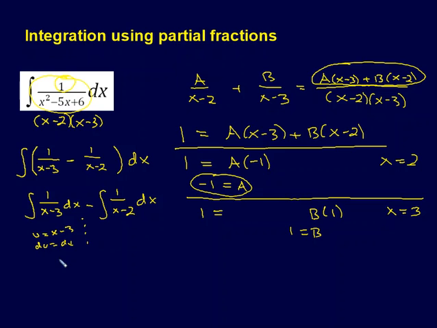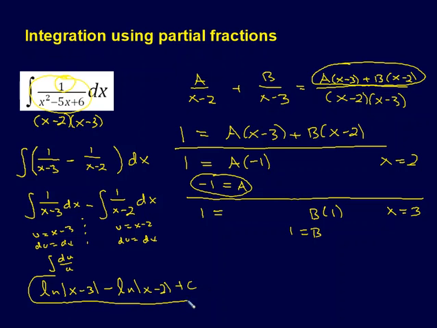So you can tell that makes this integral du over u, and so that's the natural log of the absolute value of u, or the natural log of the absolute value of x minus 3. And likewise, on this side, you would do a different u substitution. u would be x minus 2, du is 1 dx. So that's also du over u, and so the antiderivative is the natural log of the absolute value of x minus 2.